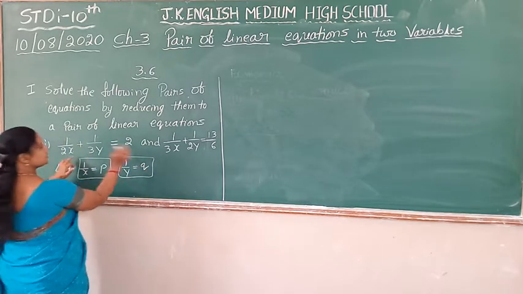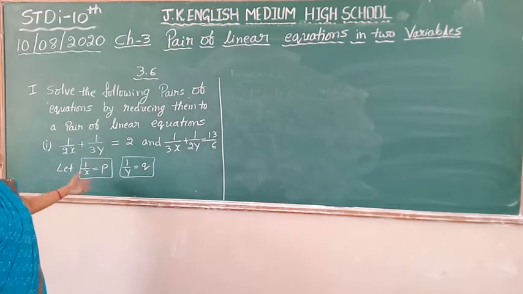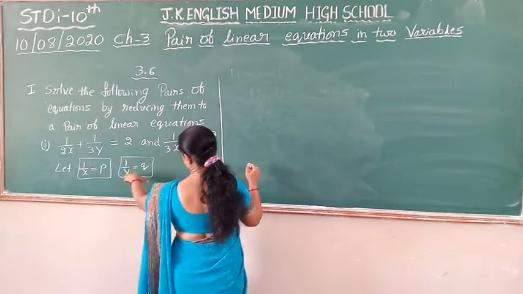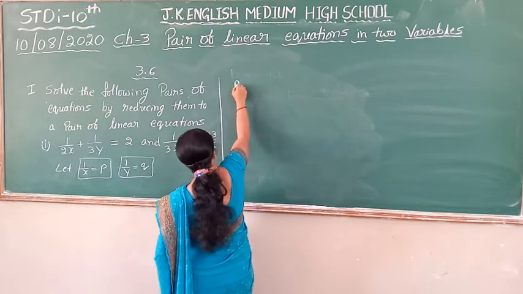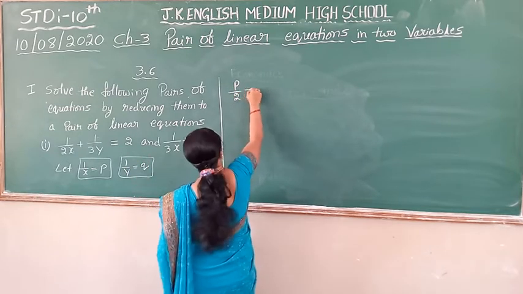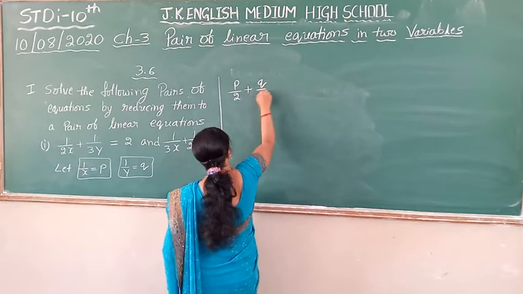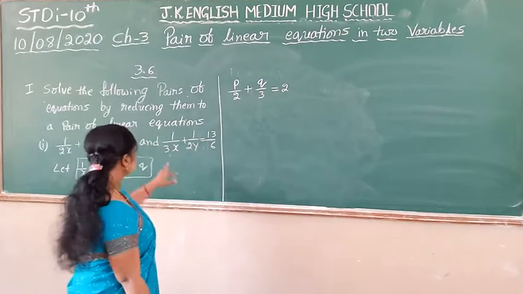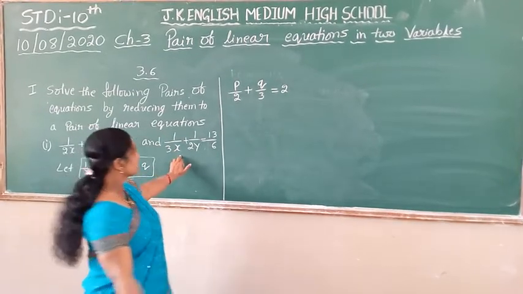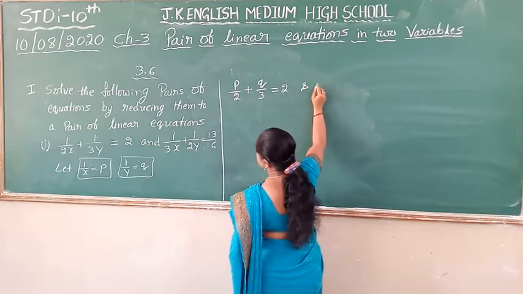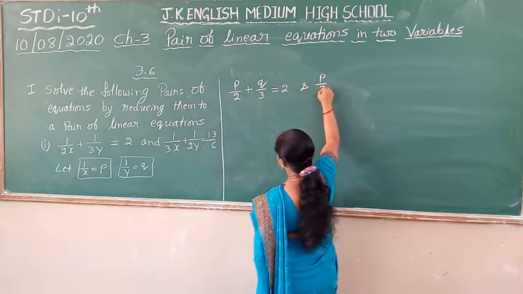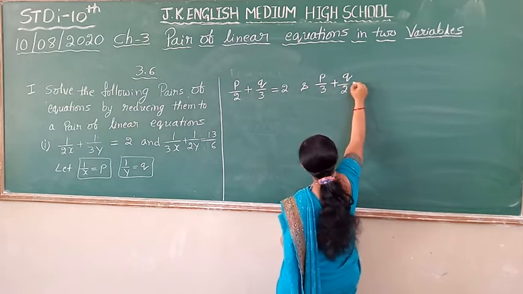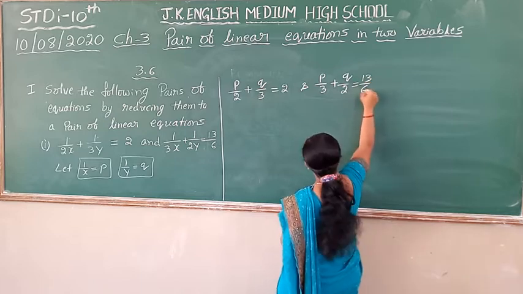Then after considering it this way, these two equations become: p by 2 plus q by 3 is equal to 2, and p by 3 plus q by 2 is equal to 13 by 6.